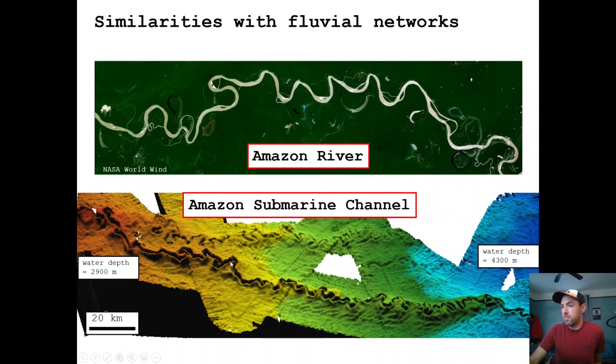They can form these nice meandering single-threaded channels that can stretch hundreds of kilometers, right? There's one offshore here in the Gulf of Mexico that stretches almost the entire length of Florida, essentially offshore. You can find that in BOEM data. I think I showed that in a discussion session a couple of weeks ago, maybe.